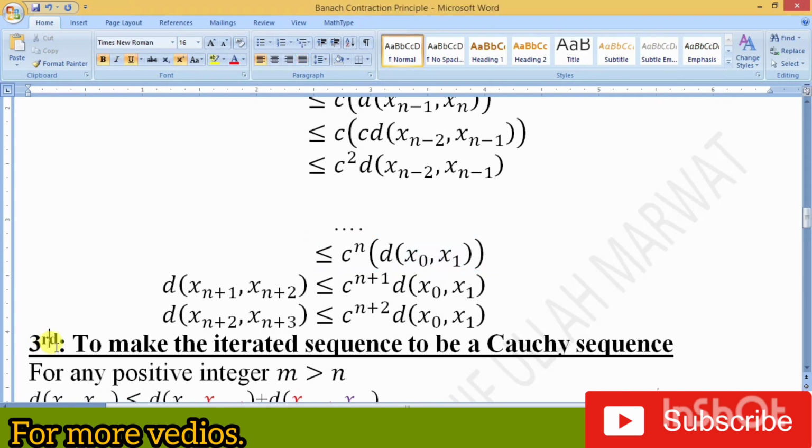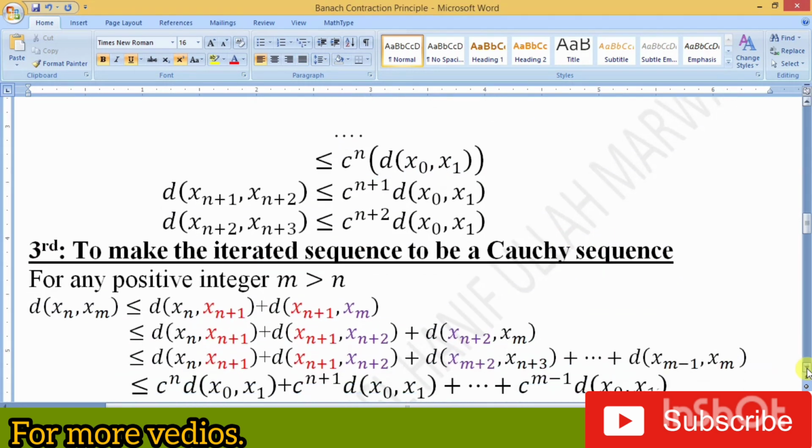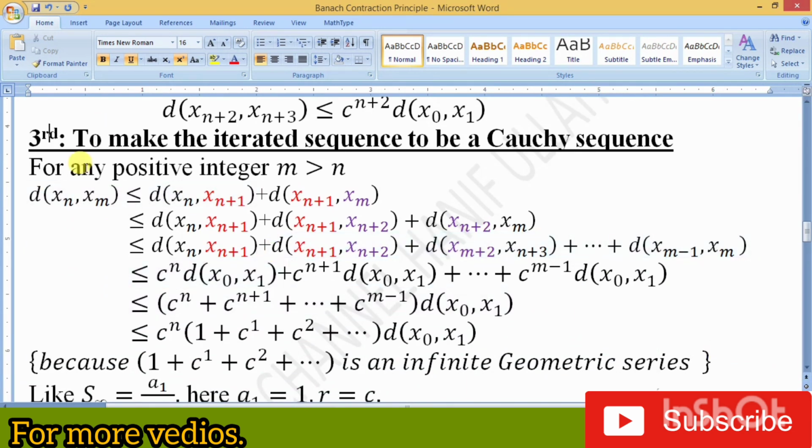The third step is to show that the iteration sequence is a Cauchy sequence. For Cauchyness, for any positive integer m greater than n, we use the triangular inequality between xn and xm. First we take x(n+1) in the triangular inequality, and secondly we take x(n+2) between xn and xm.